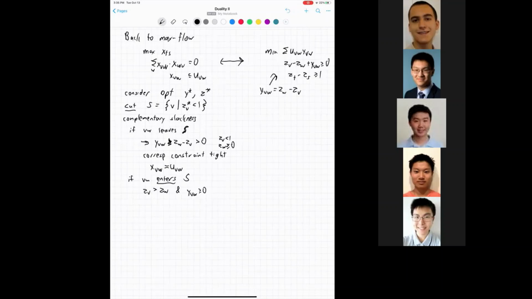That's just a constraint in the linear program. And that implies that Z_V plus Y_VW is greater than Z_W, which means that this constraint is slack. Right? Because we don't have equality. Now, if this constraint is slack, what does complementary slackness tell us?